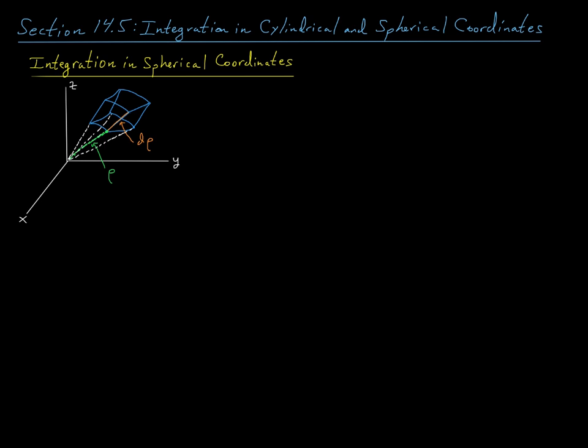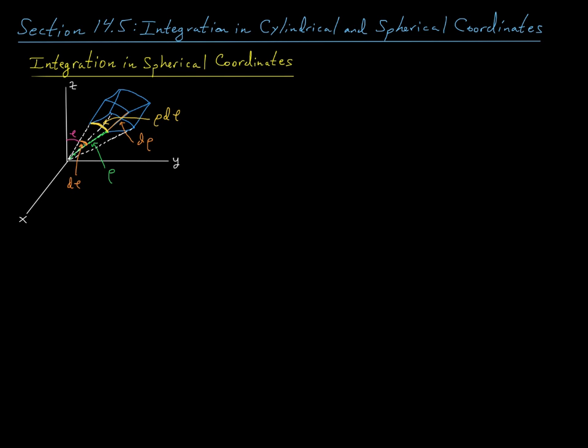Okay, so now let's consider this angle phi, which is formed by the positive z-axis and this radial segment from the origin out to this corner. And now imagine increasing phi a little bit.